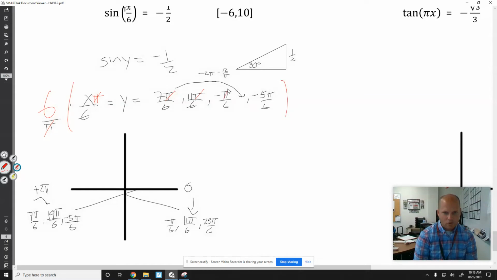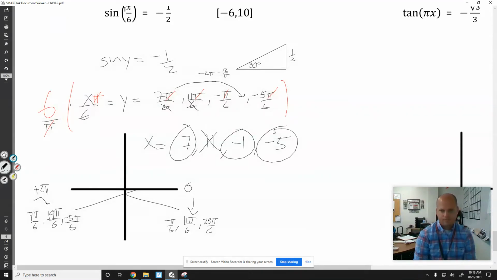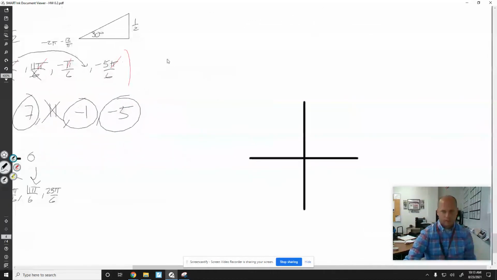And then when you multiply by 6, all the 6's in the denominator go away. Gone. 7. That's good. Gone. 11. Not good. Gone. -1. Good. Gone. -5. Good. 7, -1, -5. Tricky stuff.